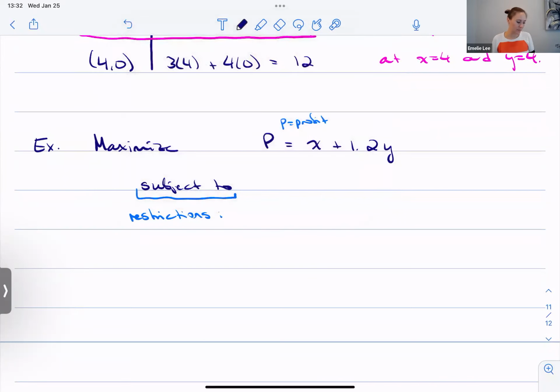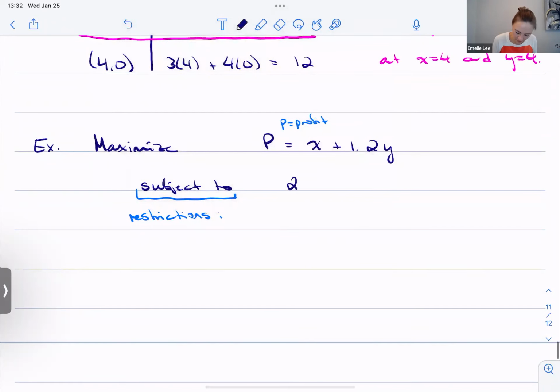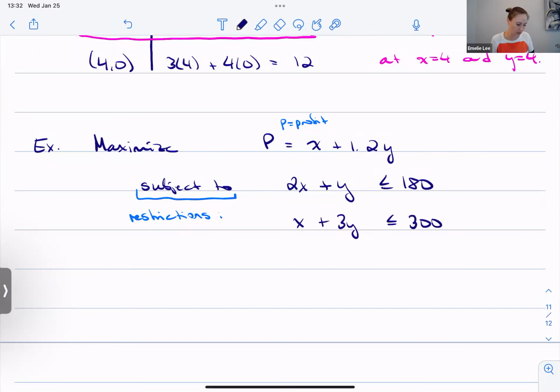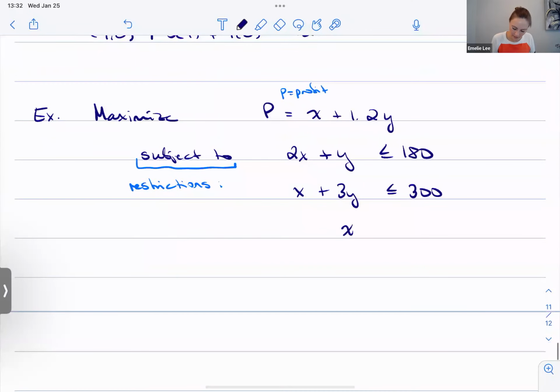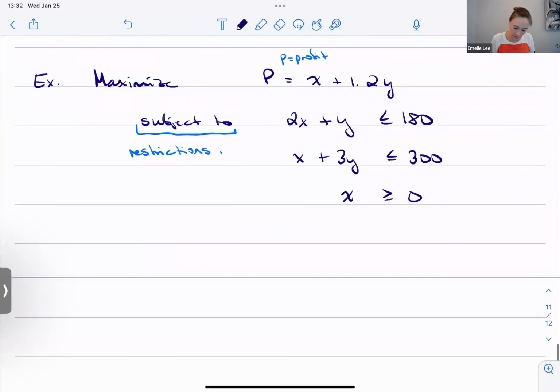Subject to, we're going to have 2x plus y is less than or equal to 180, x plus 3y is less than or equal to 300, and x is greater than or equal to 0, and y is greater than or equal to 0.